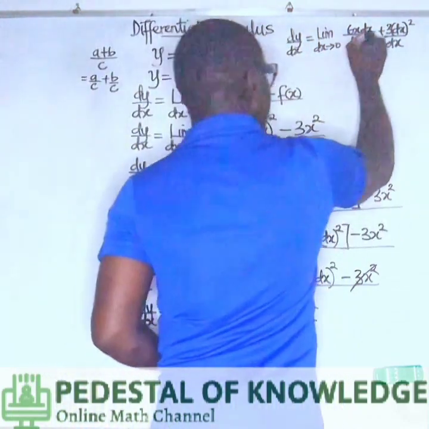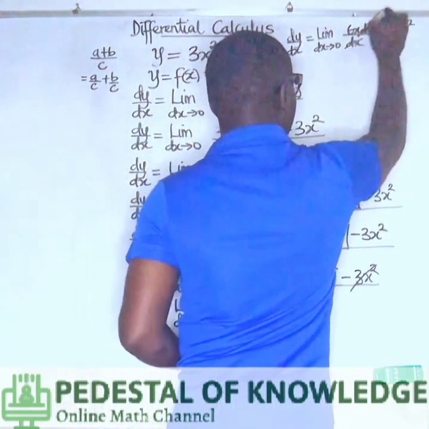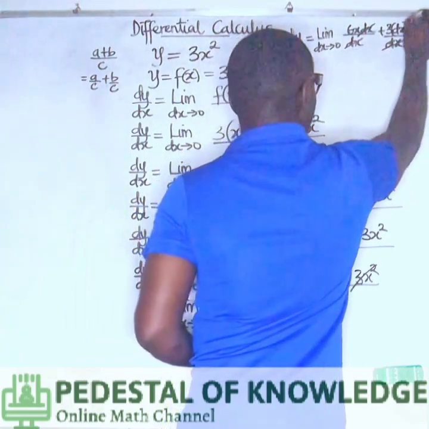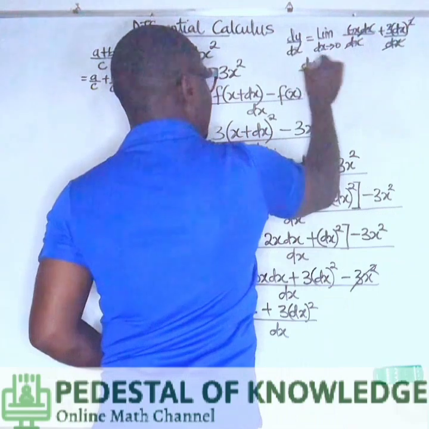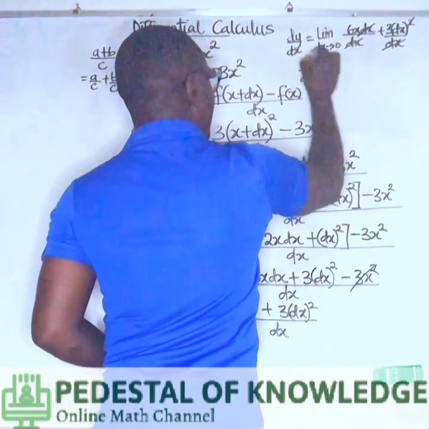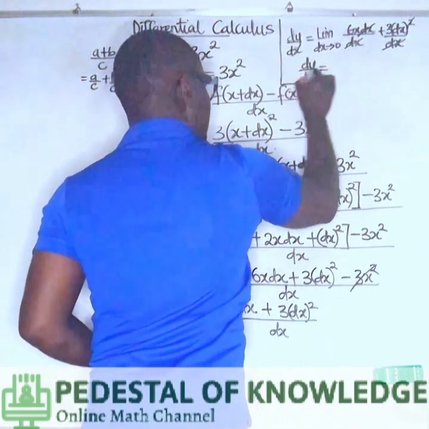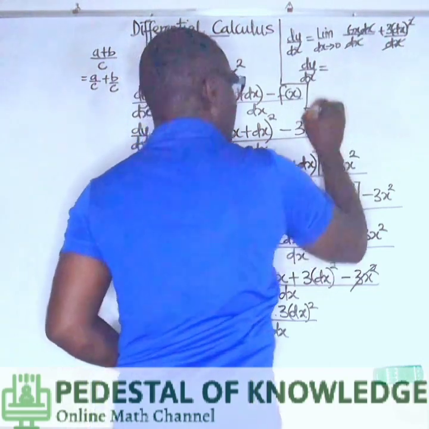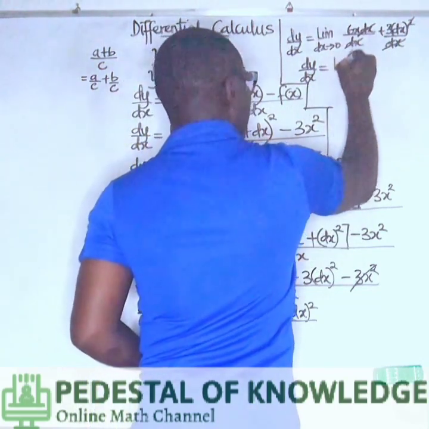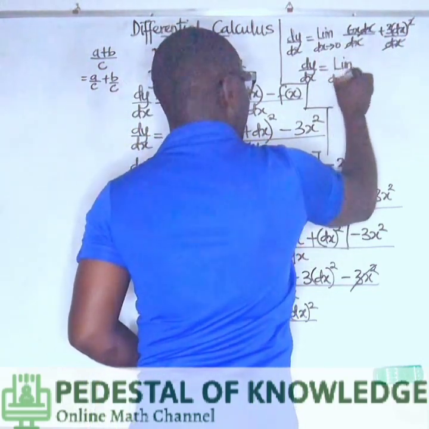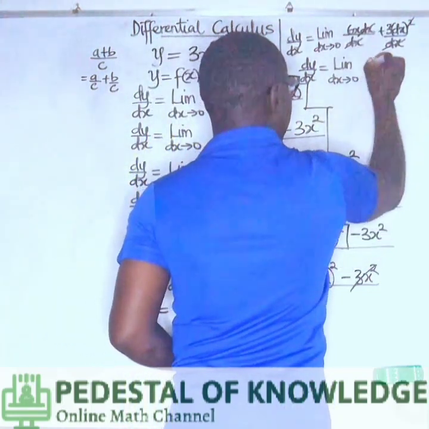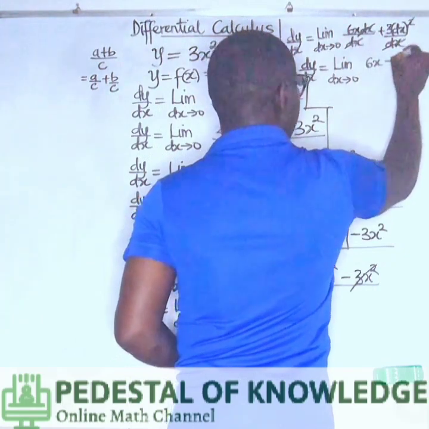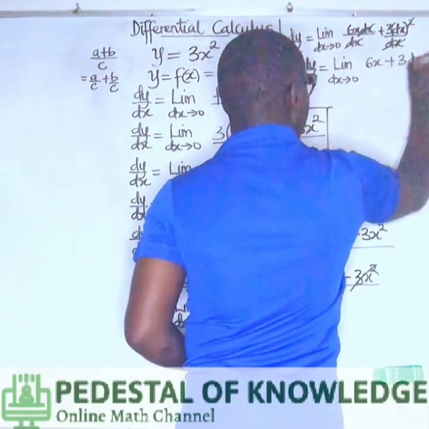Of course, we know that this dx here, we cancel dx. Dx here, we cancel one of the dx here. So we're left with dy/dx is equal to the limiting value as dx approaches 0 of, what we have here now is 6x plus 3 dx.